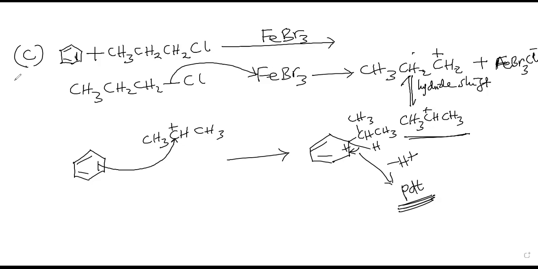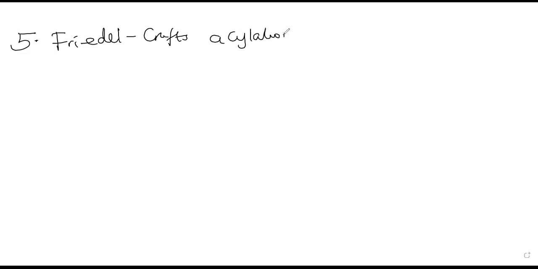Friedel-Crafts acylation is where we are going now. Friedel-Crafts acylation, with our reaction number 5. Now, when we talk about Friedel-Crafts acylation, still we shall be using the Friedel-Crafts catalysts here.